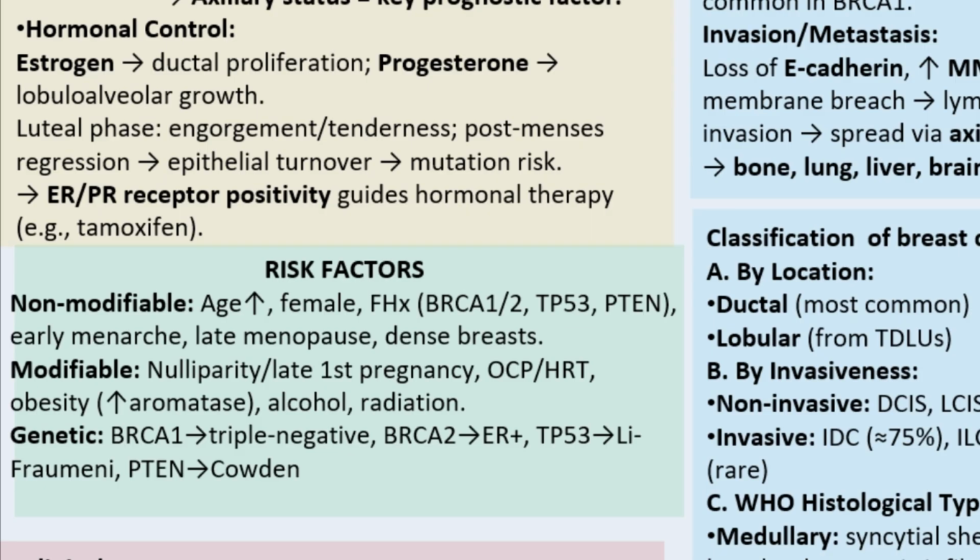This one relatively has a better prognosis. Then you have the TP53 mutations, which give us Li-Fraumeni syndrome. And this syndrome, of course, comes with other manifestations other than breast cancer alone. Then the Cowden syndrome, which is a mutation in the PTEN, will also come with other features like hamartomas and development of colon cancer and many other things.